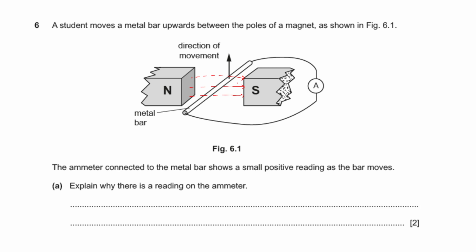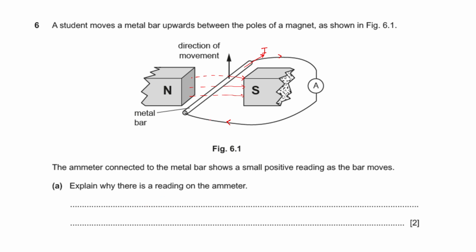Your middle finger of your left hand points towards the magnetic field, your thumb points towards the direction of movement, and your first finger will point towards the direction of current. So the current will be in this direction, and the ammeter will show a deflection. Explain why there is a deflection on the ammeter.